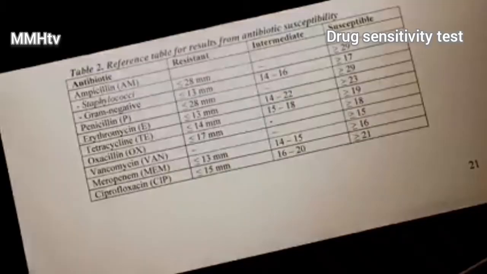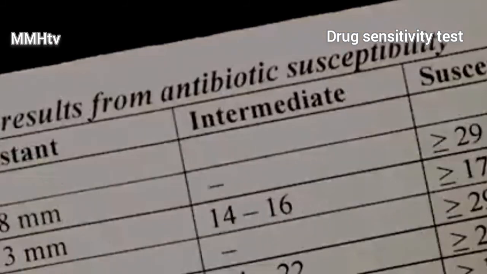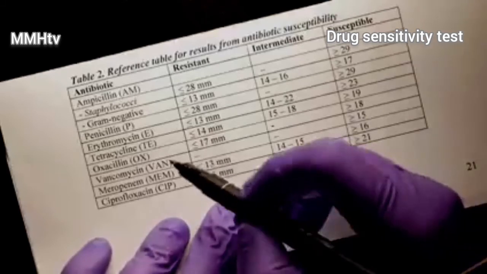Then use a reference table to see if it fits the set standards of susceptibility of that bacteria for a particular plant chemical.